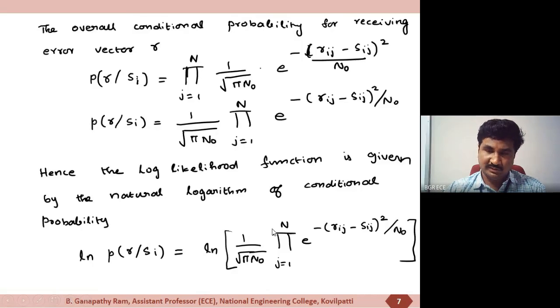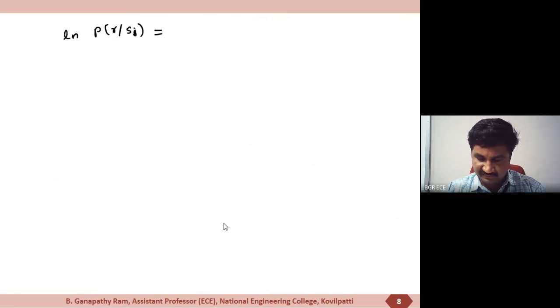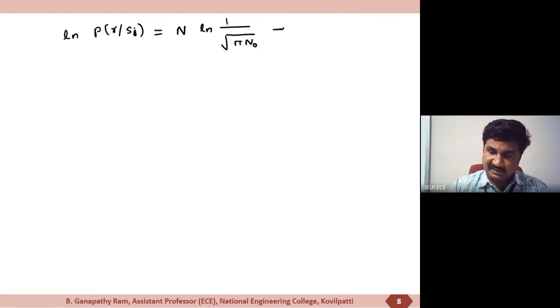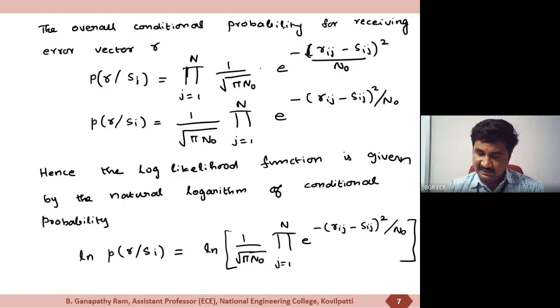So n times this 1 divided by square root of pi n naught is added together. We can write n into natural logarithm of 1 divided by square root of pi n naught, and then the product will become sum.